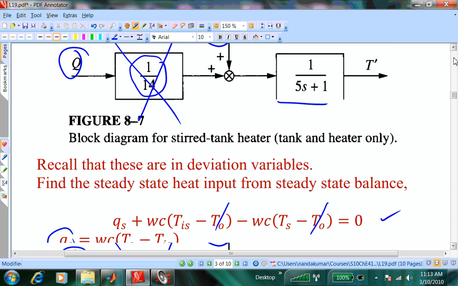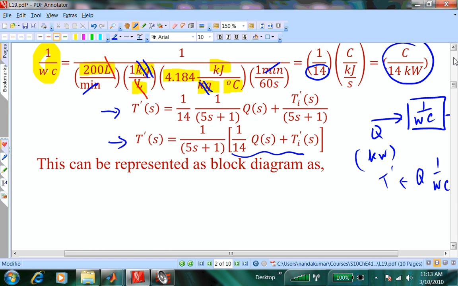So I start once again with this transfer function. This time there is no variation in Ti prime, and I'm changing only Q. The transfer function is T prime equals 1 over 14 times 1 over 5s plus 1 times Q. That is the part I'm going to focus on.